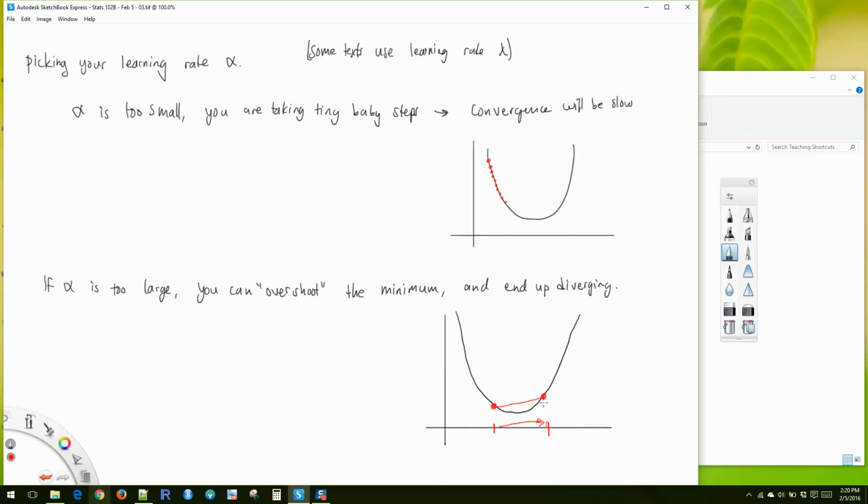Well, then it says you should go back this way, but notice this is even steeper than this point, okay? And so if your alpha is too big, then it's going to say take an even bigger step because your step was even bigger. And so now we're even at a steeper point, and we end up getting a diverging thing, okay? Because our alpha is too big. So this is problematic, okay?